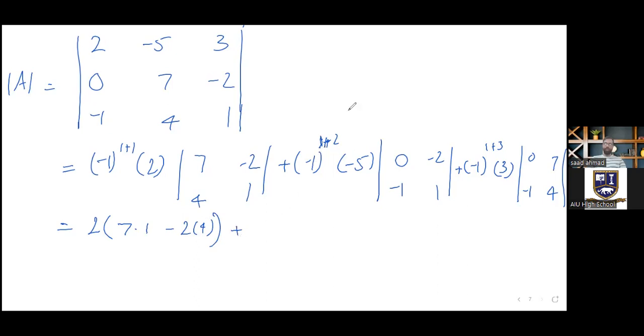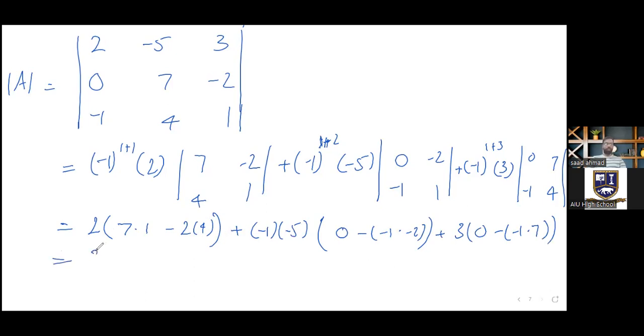Plus, this will become minus. This will become -1 times -5 times 0 times 1 is 0, -1, and then minus from the formula, -1 times -2. Then this one becomes +1, so 3 times 0 times 4 is 0, and then -1 times 7.